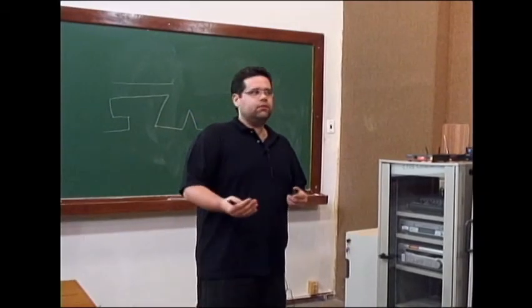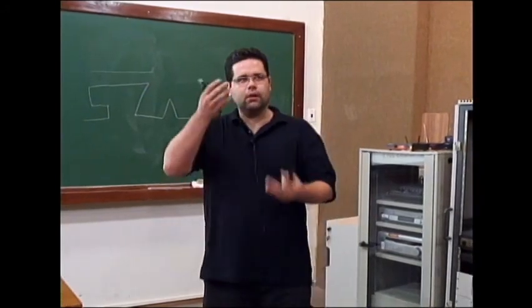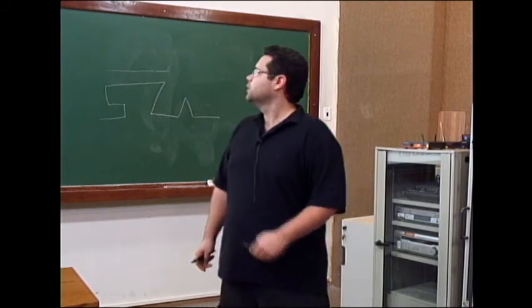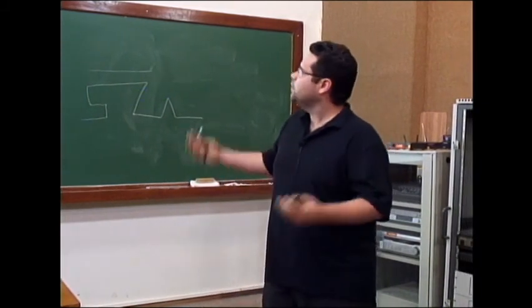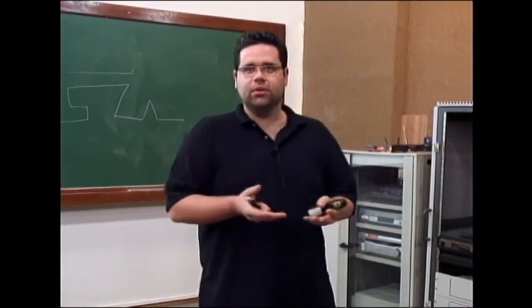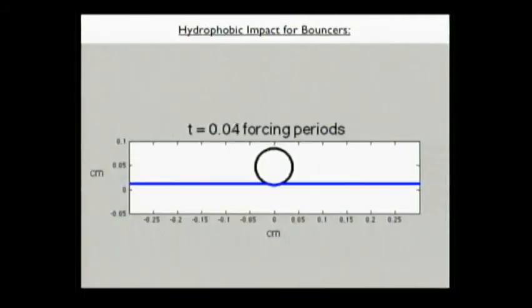We wanted to see if we could recover all this dynamics just resorting to our model of solid surface interaction. And so we went ahead and decided that this droplet won't deform in this model and imposed this kinematic matching method, and we did obtain good results.